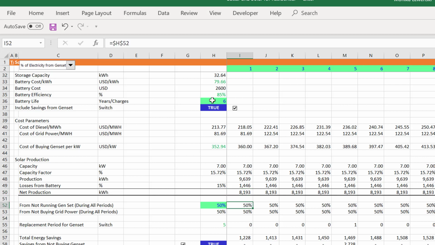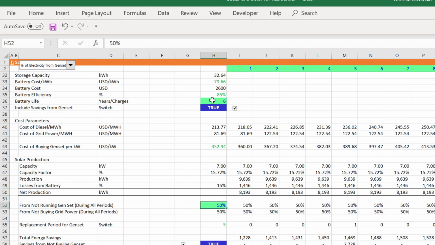Okay, now it's totally possible that we don't need the battery 100% of the time, that we use some of the solar to charge the battery and some of it to service loads during the solar time. So that's a little tricky.